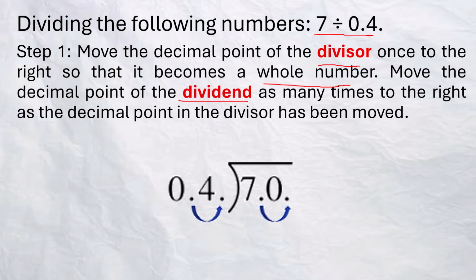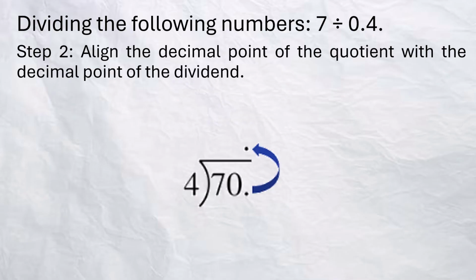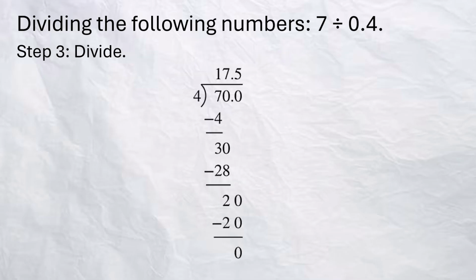Since we move one space to the right from your divisor, we have to move also one space to the right in your dividend. Then step 2, we have to align the decimal point of the quotient with the decimal point of the dividend. So this is now the position of your decimal point. And then for step 3, we need to proceed with the division.